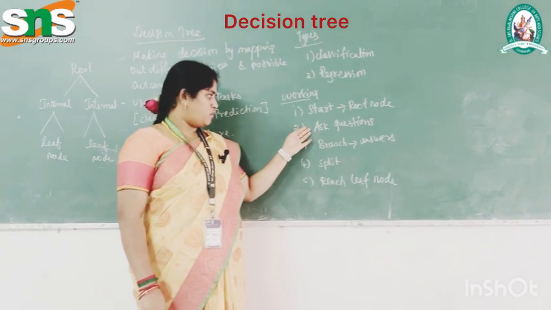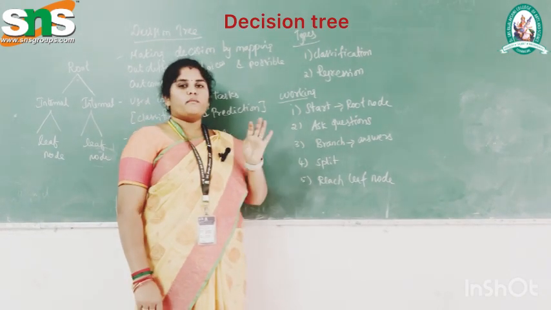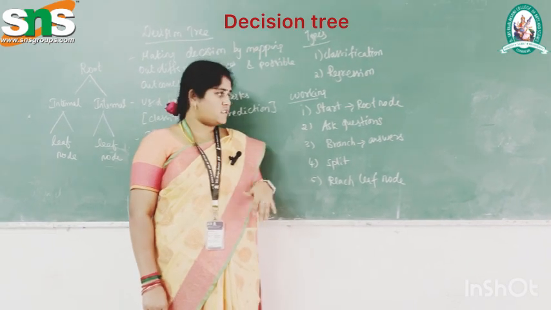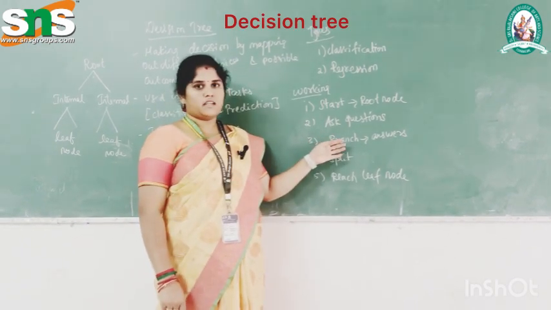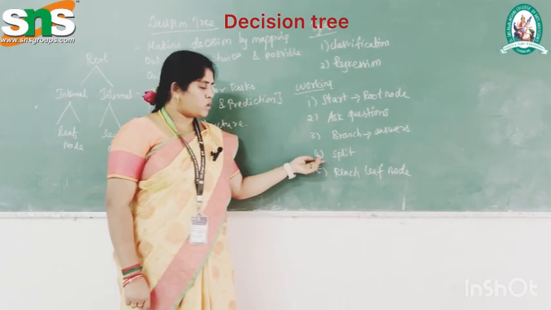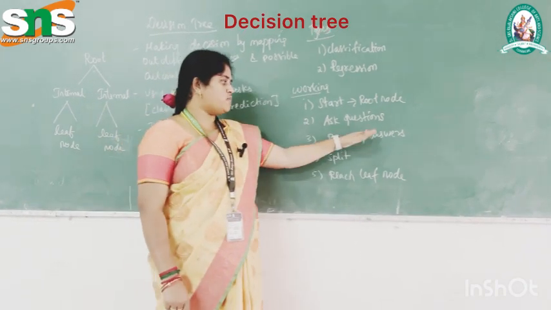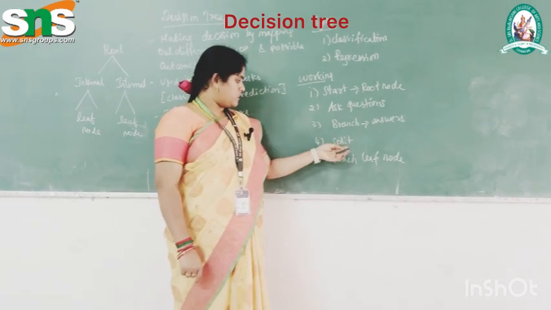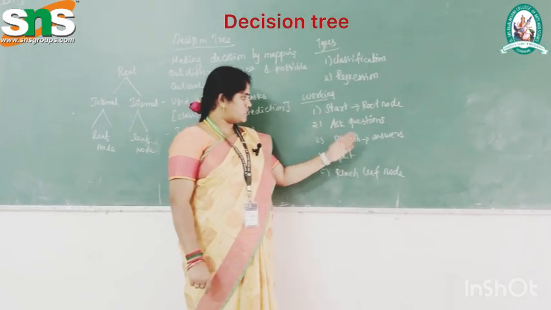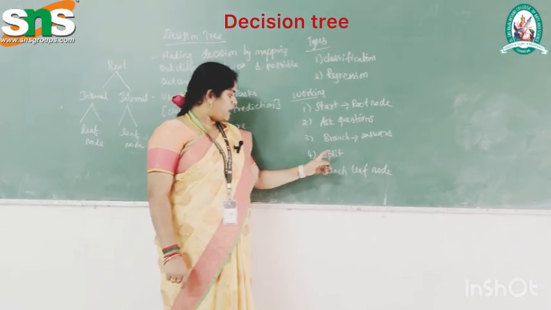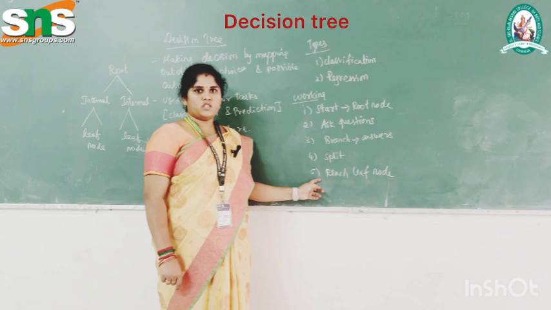Third, based on the question asked, we receive many answers. Those answers will be placed in the branching, that is the internal nodes. Fourth, based on the answers we received, we may apply many more questions. After that, once the answers are received, it again moves through the third and fourth steps, and finally it reaches the leaf node.